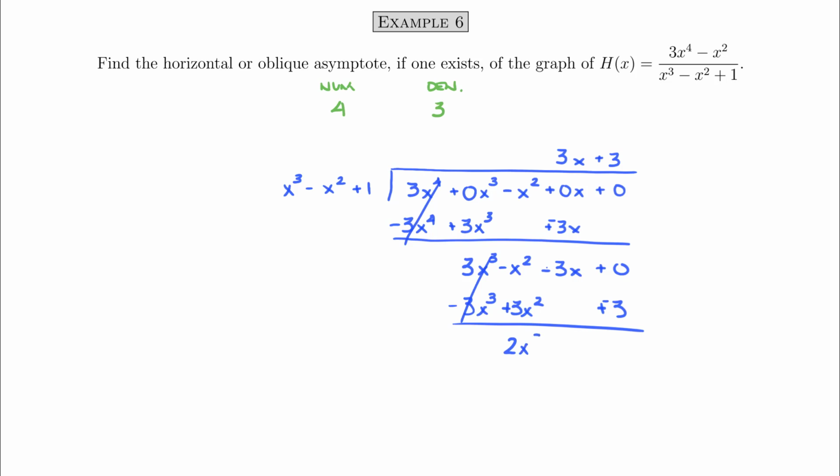We get 2x squared minus 3x minus 3. And then here we note that we cannot divide any further because x cubed will not go into 2x squared. But all we're interested in is our quotient, which generates the equation for the oblique asymptote. So the oblique asymptote in this case is y equals 3x plus 3.